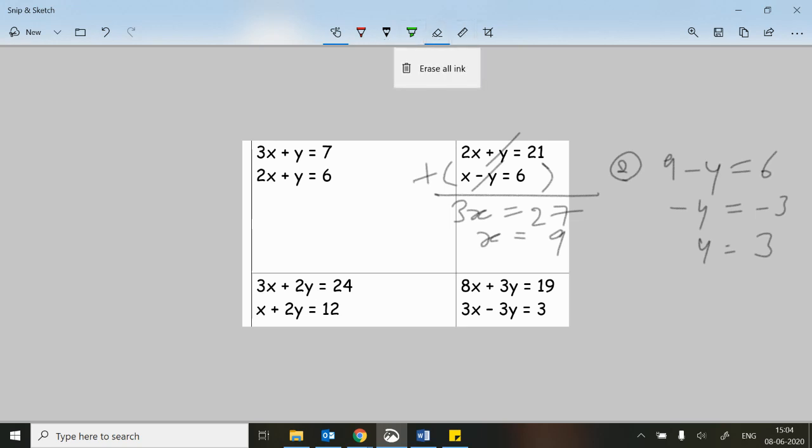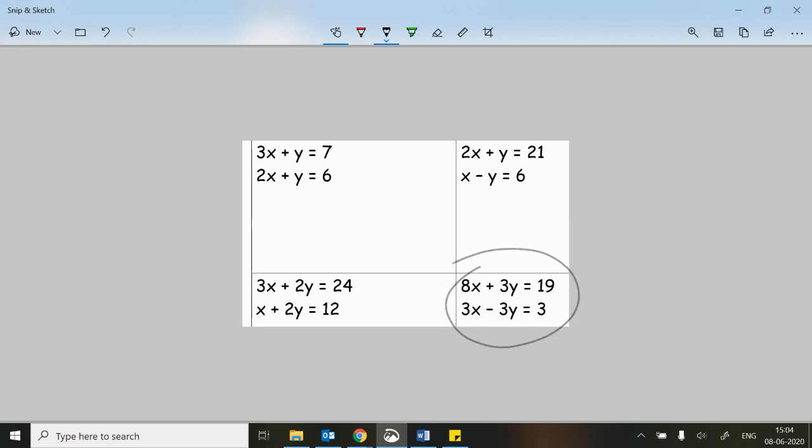Okay, and the final one of these, this one here, we can still see that we've got plus 3y and minus 3y there. So when we add them together, they're going to disappear. Plus 3y take away 3y gives us 0y. So when we add these together, we'll get 11x is equal to 22. Divide by 11, we'll get x is equal to 2.